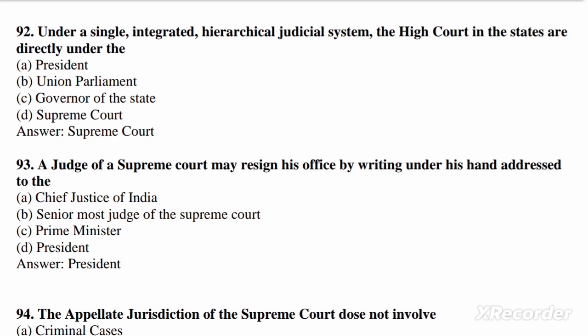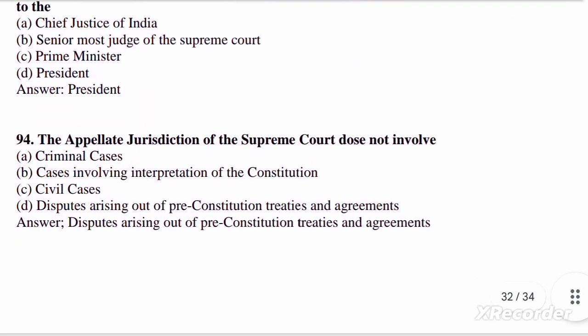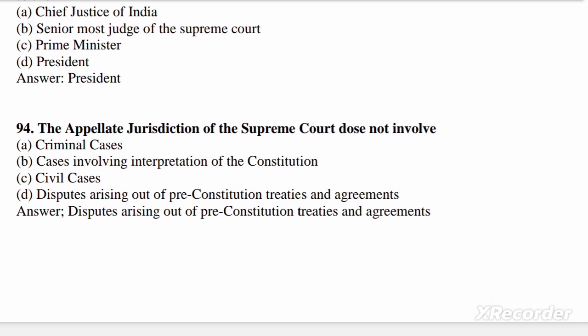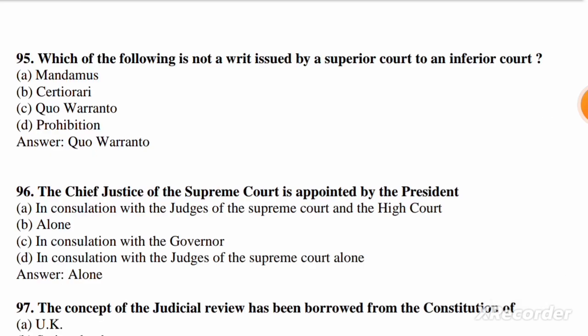94. The appellate jurisdiction of the Supreme Court does not involve, option D, disputes arising out of pre-constitution treaties and agreements. 95. Which of the following is not a writ issued by a superior court to an inferior court? Answer: quo warranto. 96.